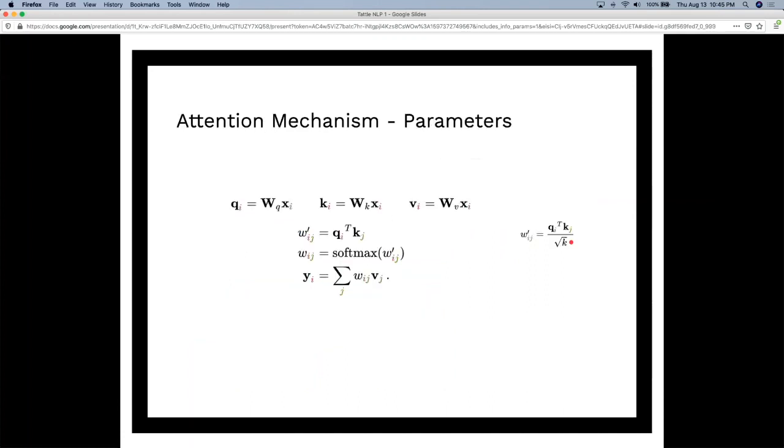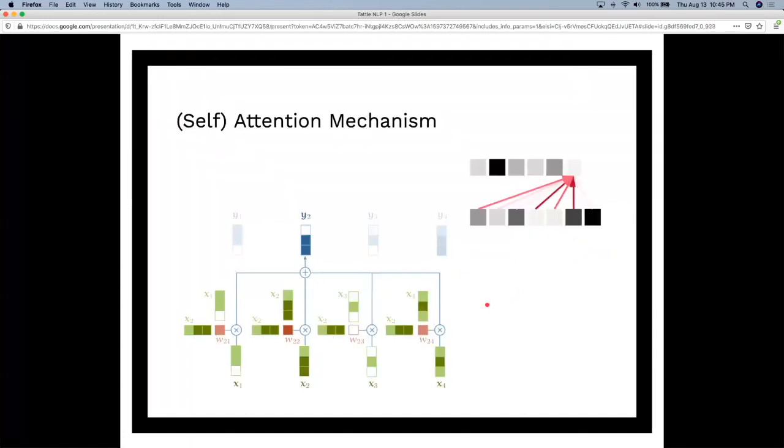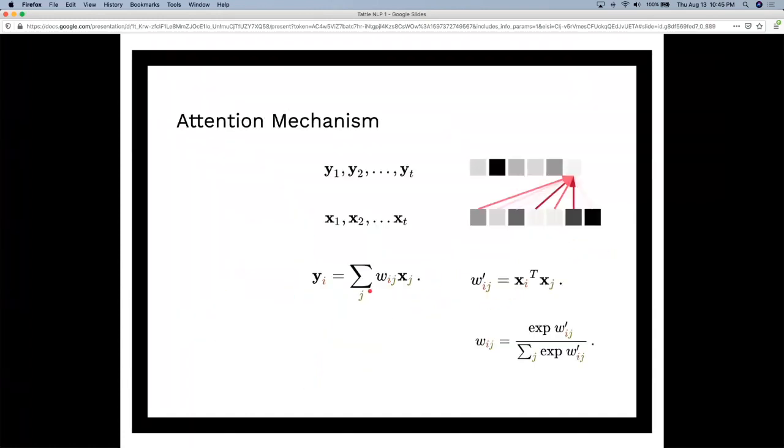Now the way this is implemented is that in the completely basic case, we can just create separate weights. The weights are some random numbers which are multiplied by the input.